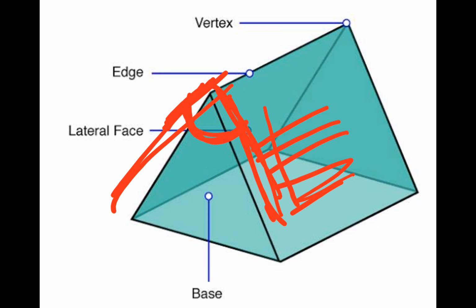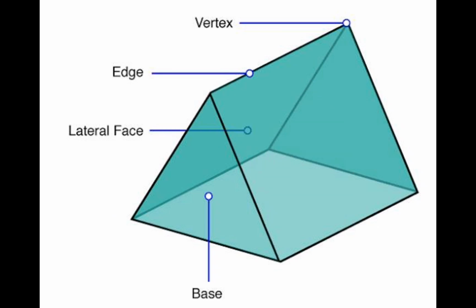This angle is called the angle of the prism, right? These are called refracting surfaces. So what is the angle of the prism? The angle of the prism is the angle between two refracting surfaces, right?